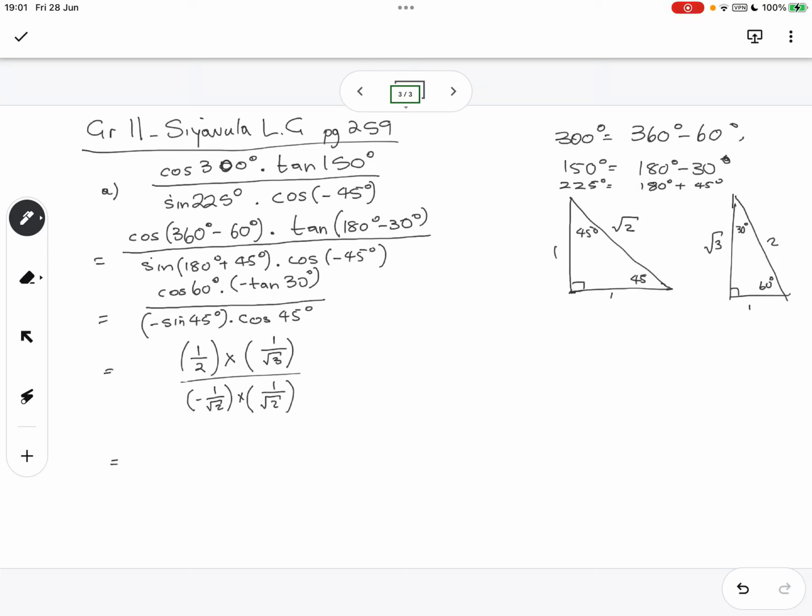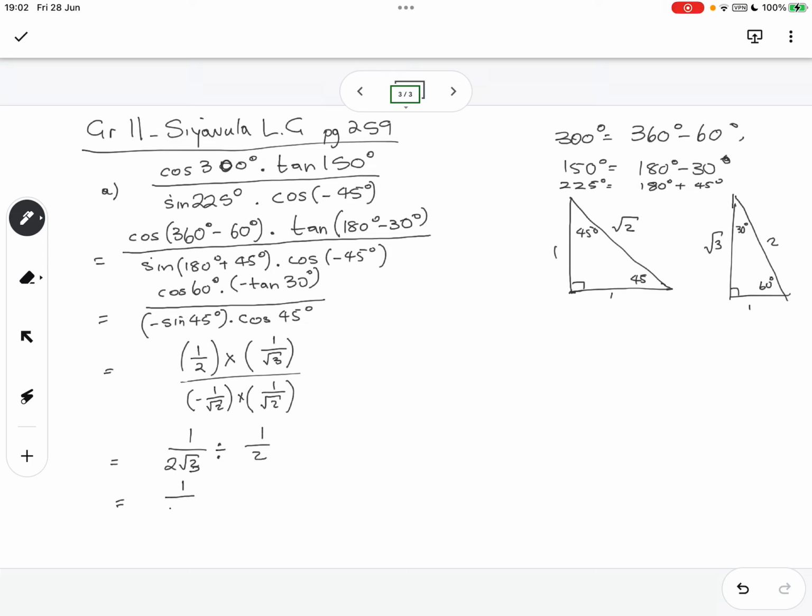Then what we end up having is 1 divided by 2 times the square root of 3 divided by a half. My mistake. And I wrote this divide sign deliberately so that when we perform the operation of dividing a fraction by another fraction, we can see that the denominator becomes the inverse and then it's multiplied with the numerator.